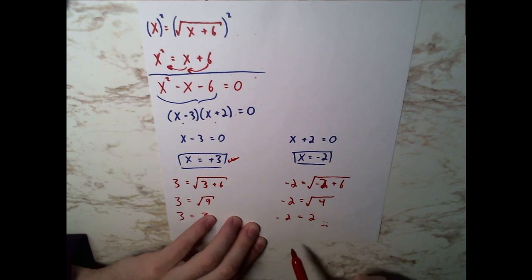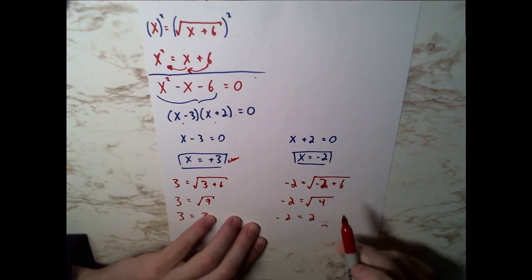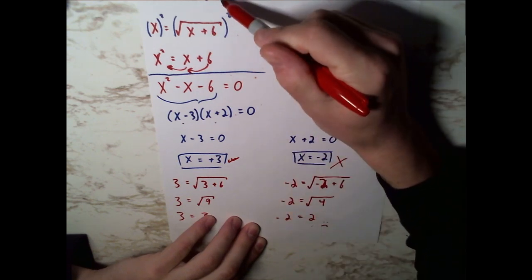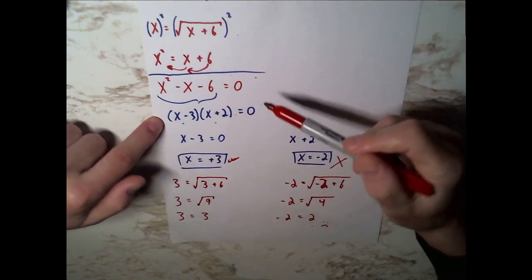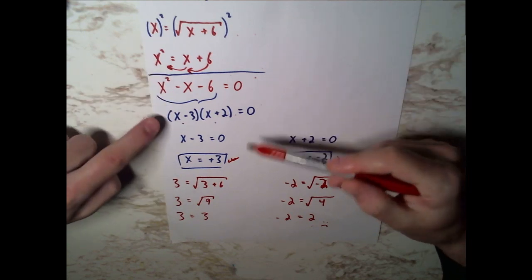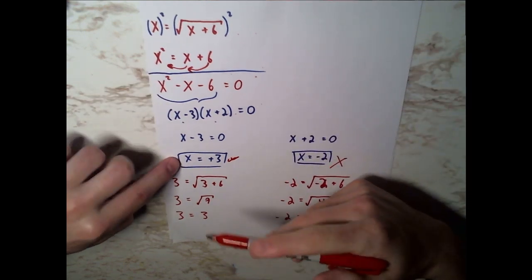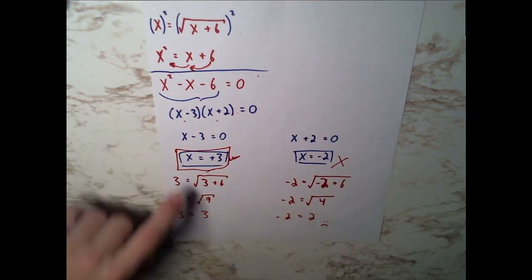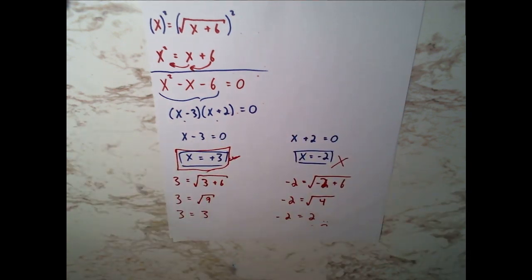So that actually doesn't work. We're off by a negative. So this is actually not going to be an answer. So this equation, even though we factored it down and solved for two solutions, only has one answer. So that is this answer here. So just make sure to plug those guys in.